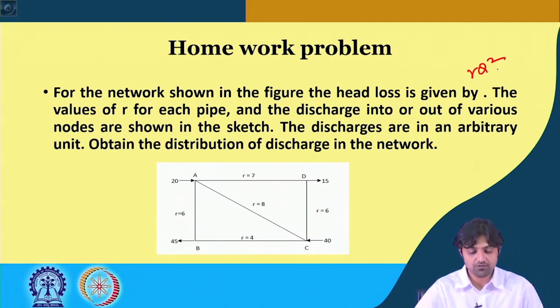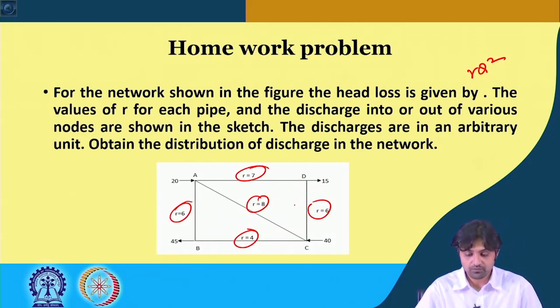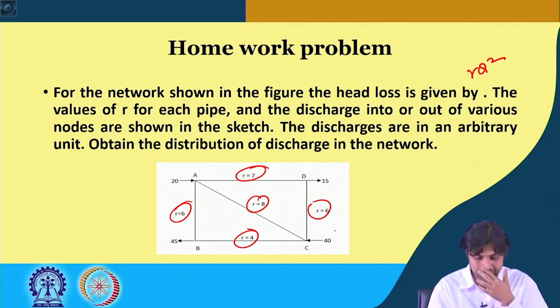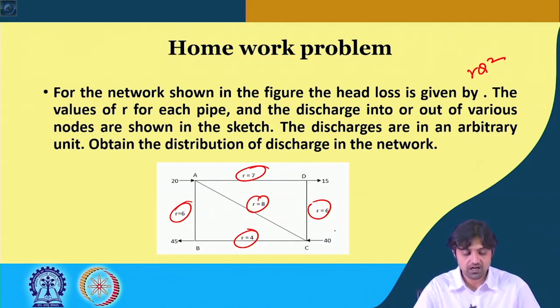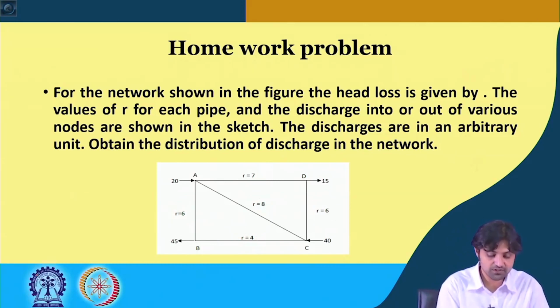The values of R for each pipe are given, and the discharges into or out of the various nodes are shown. So 20 is entering here. The discharges are in arbitrary units. Obtain the distribution of discharges in the network. So you have to solve this question.